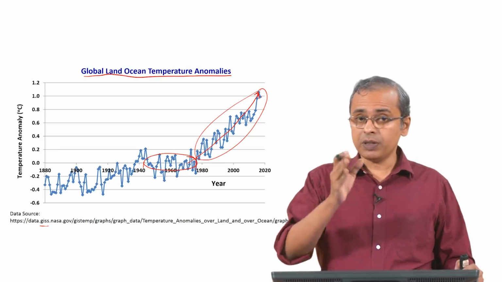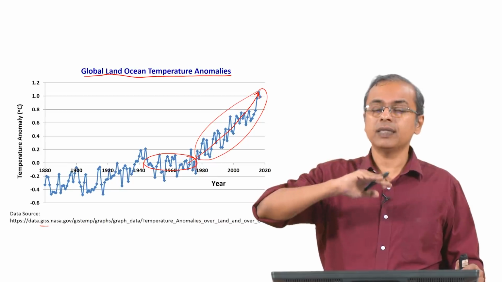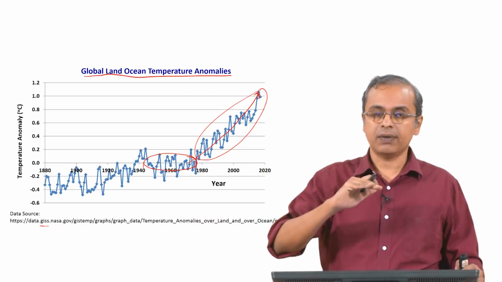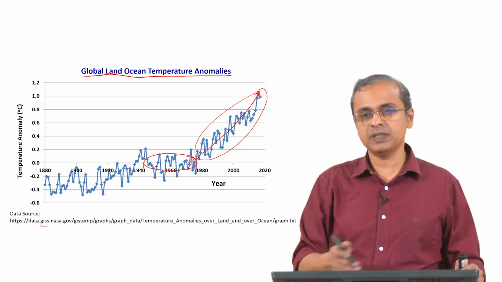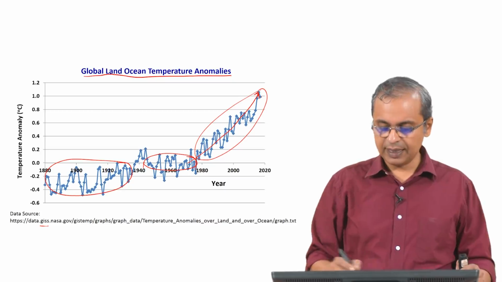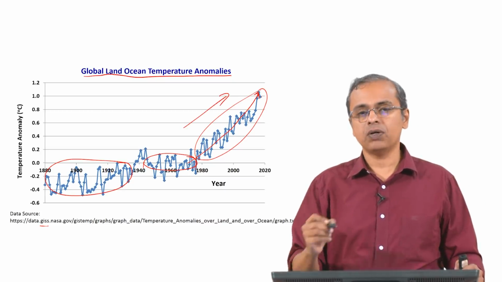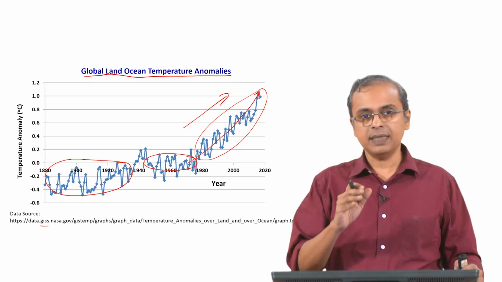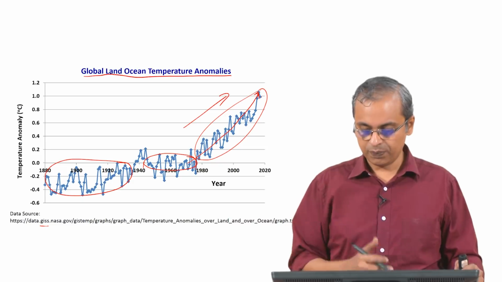But when you see year upon year, year upon year, year upon year over several years, the trend is only upwards, the average trend is upwards, then there is some reason for concern, and that trend is very visible here. You see nothing like this before out here, and steadily you see a trend up out here, right. So that trend cannot be ignored. That is the point that we have to become aware of, become alert to.